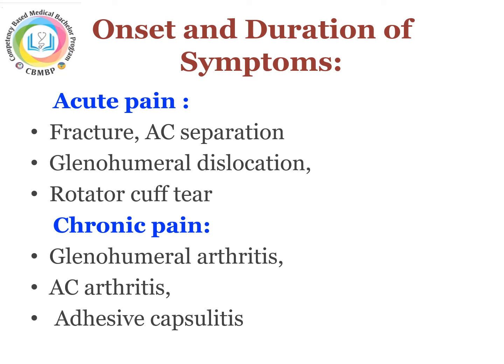But in chronic pain, the duration of pain is more than 12 weeks, and the causes of these chronic pains are mainly glenohumeral arthritis, inflammatory arthritis, acromioclavicular arthritis, adhesive capsulitis.